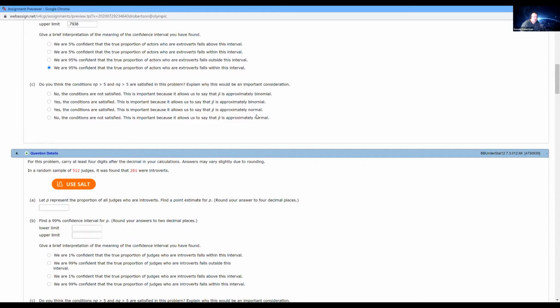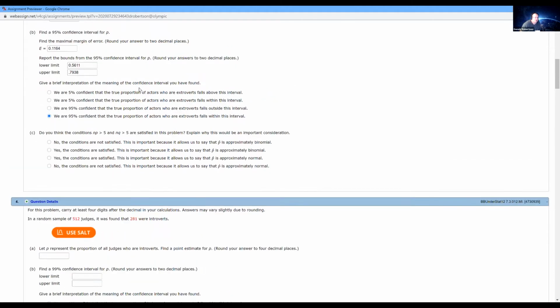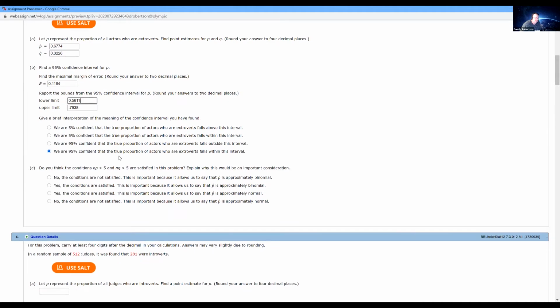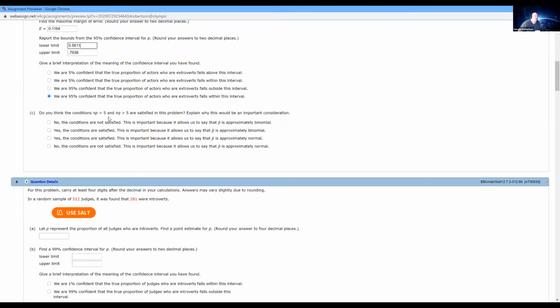So we'll assume that. This weird thing up here is not standard, but then again, this book seems to have its own little quirks. Do you see how it's saying NP has to be bigger than 5 and NQ has to be bigger than 5? You take your sample size, which is N, and you multiply it by this guy, and it has to be bigger than 5.